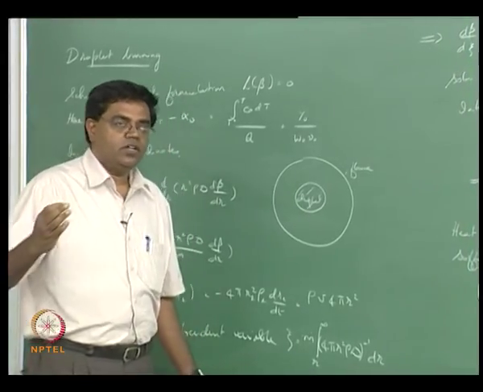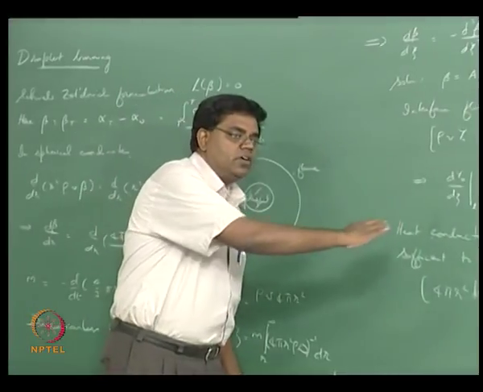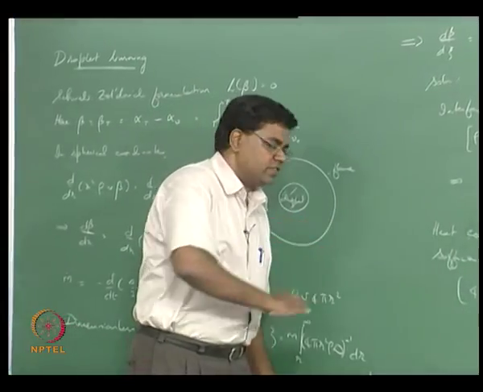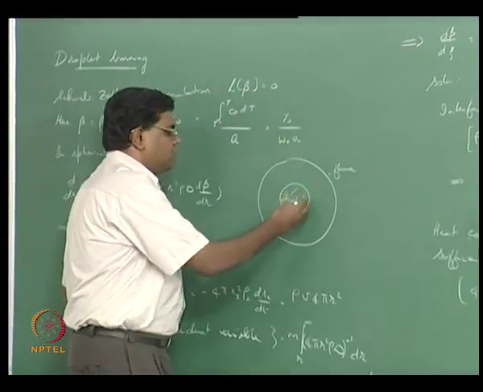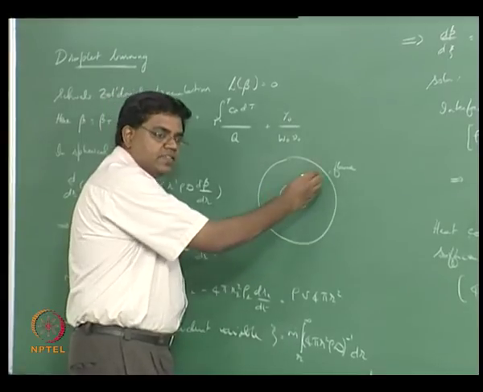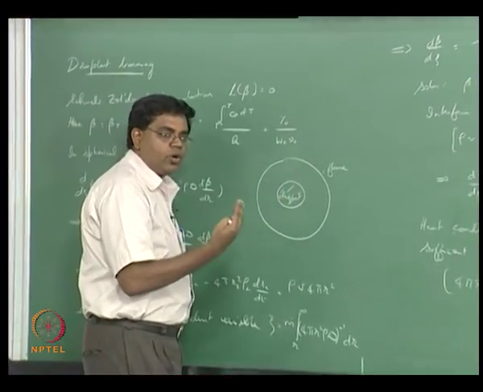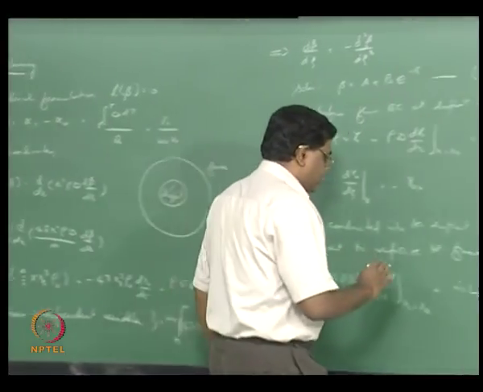Heterogeneous system meaning when you have multiple physical phases. So here we have a phase interface between liquid and gas where radiation could be pretty important, but of course we neglect it for simplicity.